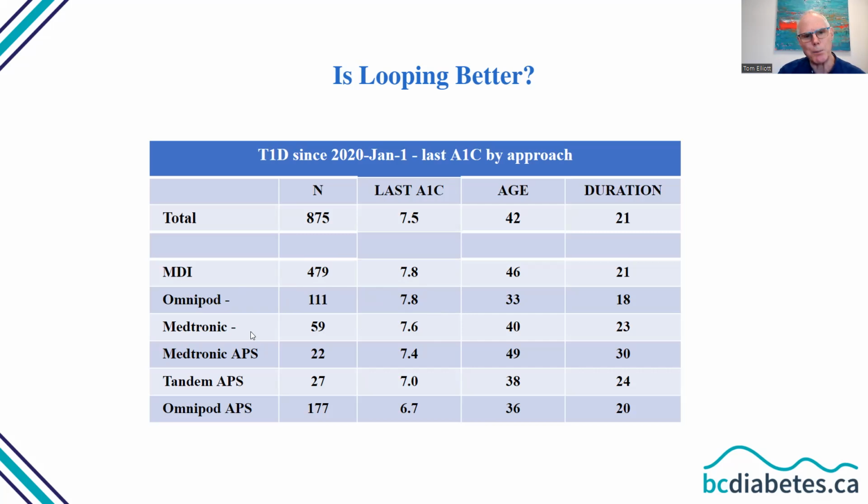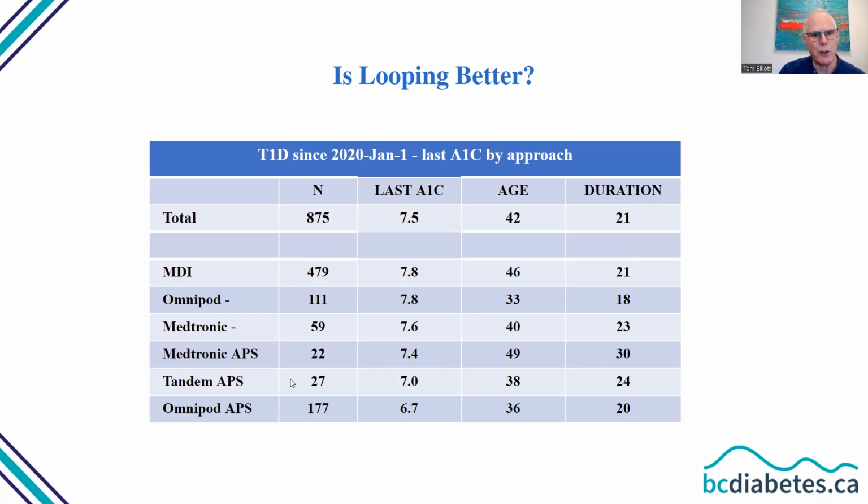We have 59 people using Medtronic pumps who aren't using the Medtronic Guardian sensor and therefore are not using artificial pancreas. Their average A1C was 7.6. We have 22 Medtronic pumpers who are using the full auto mode, and you can see that their A1C is slightly lower at 7.4.